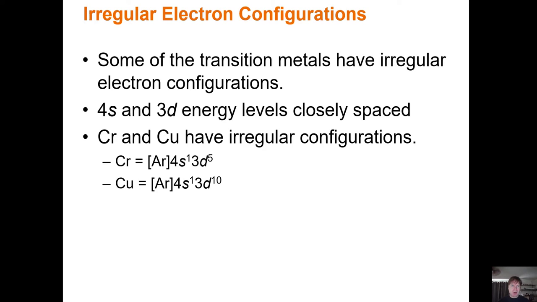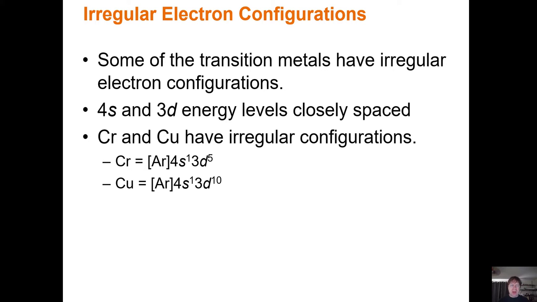Chromium and copper are the two, and what they have in common is they are doing basically S1 instead of S2, and they're doing it so that the D can be either halfway or all the way full.